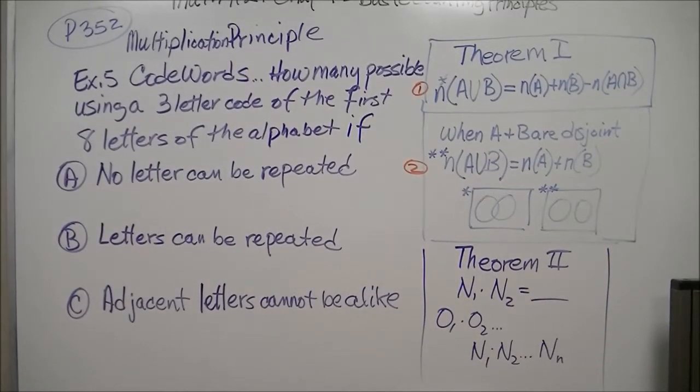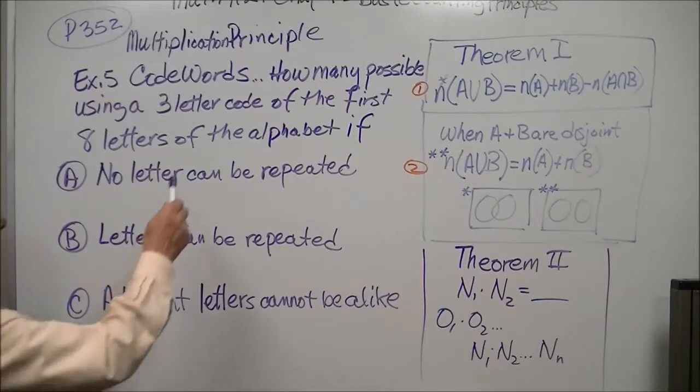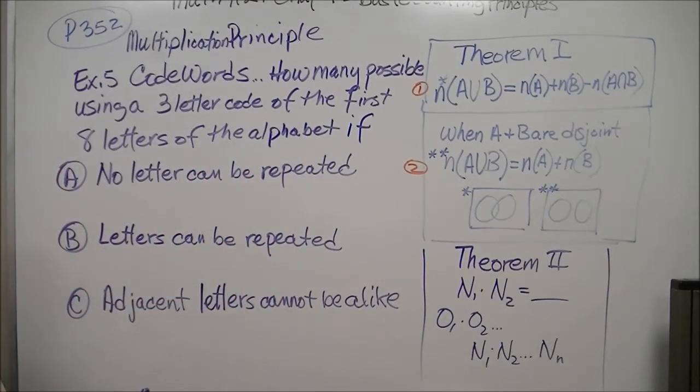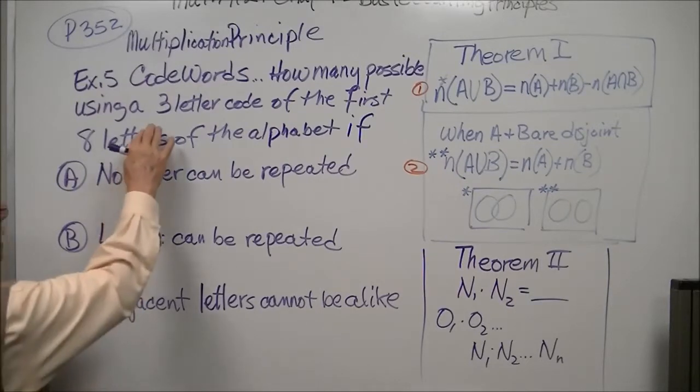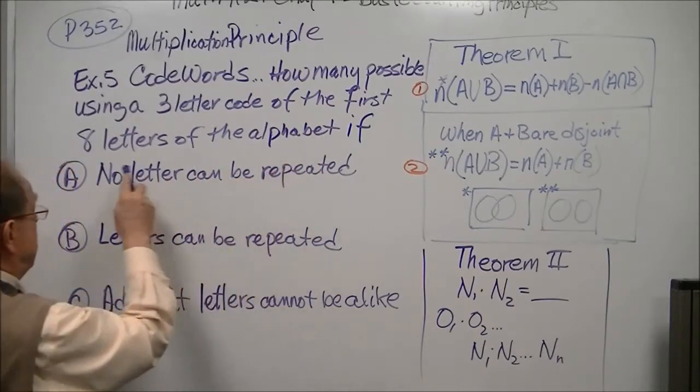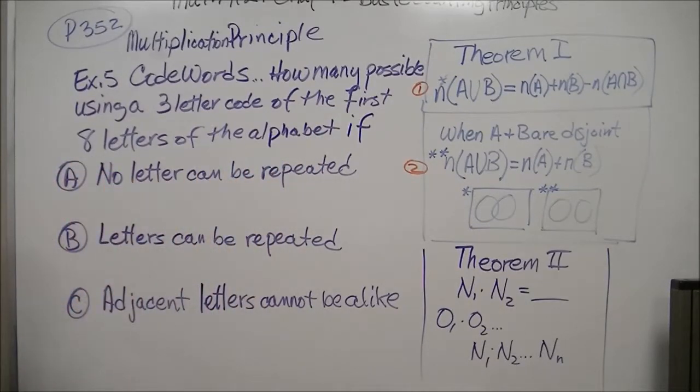All right, going on to our last example, in example 5, here we're developing code words, and they ask us how many possible code words there are that are made up of 3 letters of the first 8 letters of the alphabet.